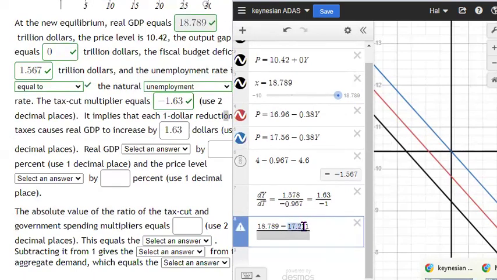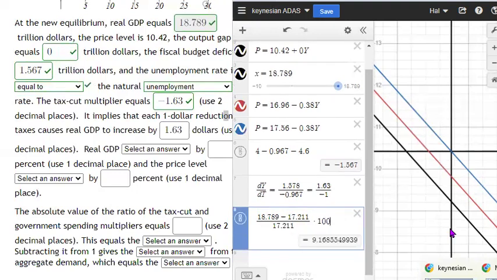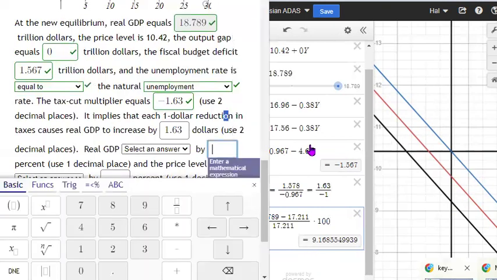So the percent change in GDP is what GDP is after the tax cut minus what it was before the tax cut, divided by what it was before the tax cut, times 100 to convert it to a percentage. So we have 9.2. GDP increased by 9.2% because we're rounding it to one decimal place.